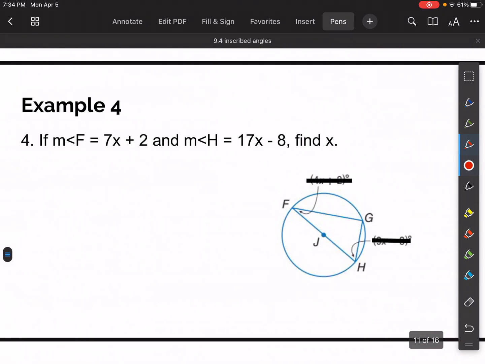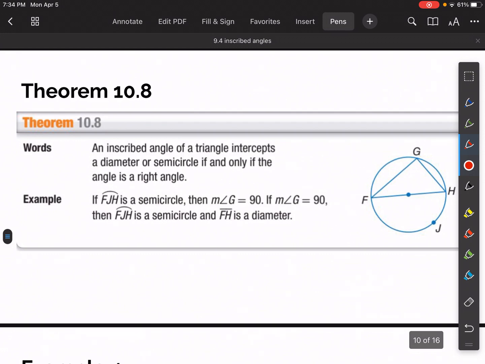Now we have 2 more theorems here, so we'll do theorem 10.8. All of these are very similar ideas. This one says an inscribed angle of a triangle intercepts a diameter or semicircle if and only if that angle is a right angle. This makes sense, because if this is an inscribed angle, it is 1/2 of the arc that it creates.